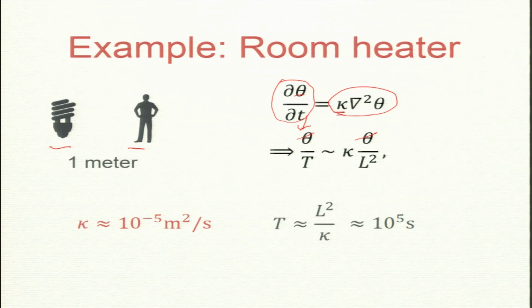Now, this is one example, but we can also think of diffusion of perfume. How long will it take to diffuse 1 meter? The analysis is exactly the same, except kappa will be replaced by the diffusion coefficient, which is again roughly the same order of magnitude. So, what has gone wrong?